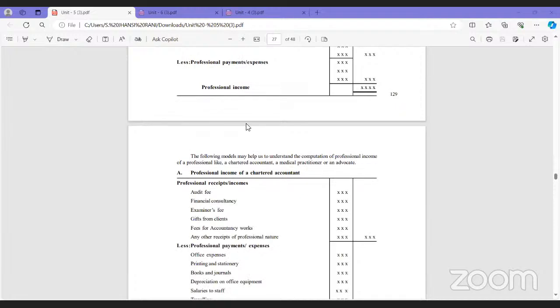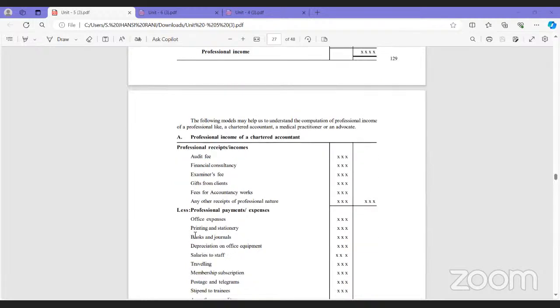So you can look at audit fees, financial consultancy, even chartered accountants also will write exams, and for them also someone will teach. So examiner's fee, gifts from clients, fees for accountancy work. So these all are professional receipts.